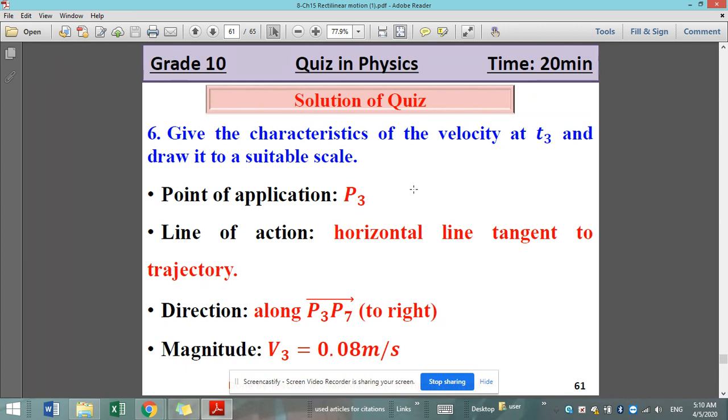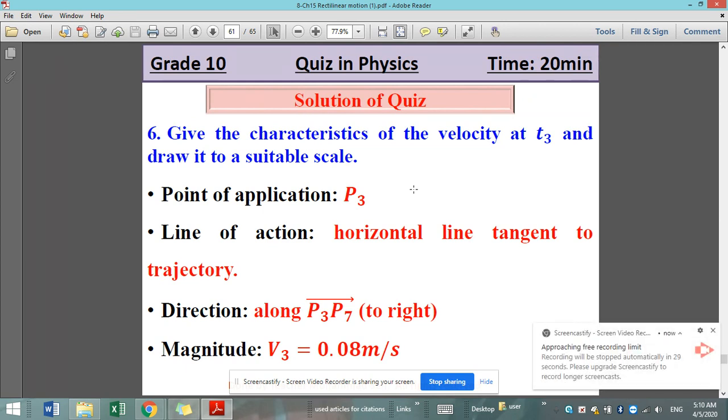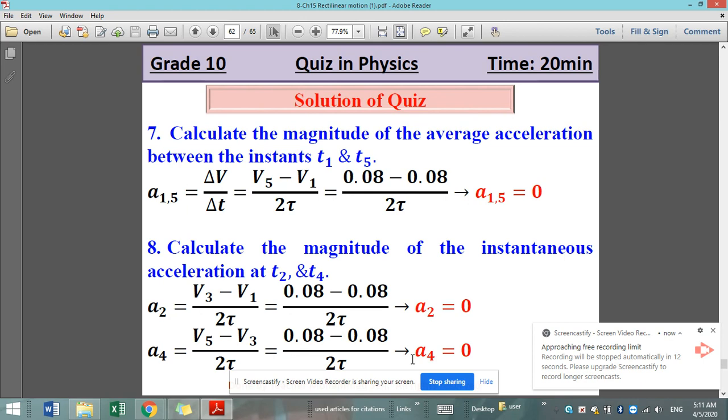Since the trajectory is a straight line, it is along it. Direction along P3, P7, as you can see, we wrote a vector here showing the direction and going from P3 to P7 to the right, not to the left. And the magnitude V3 equals 0.08 meter per second, calculated in the previous part.